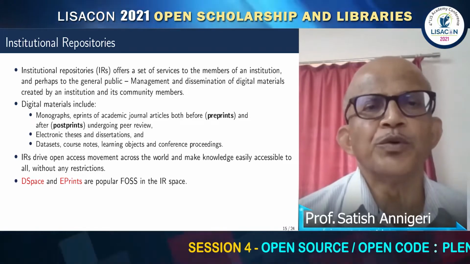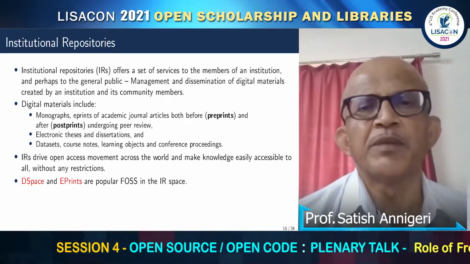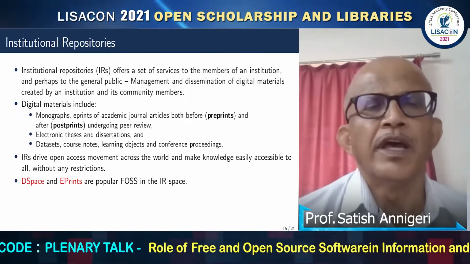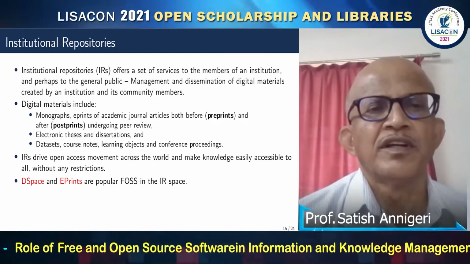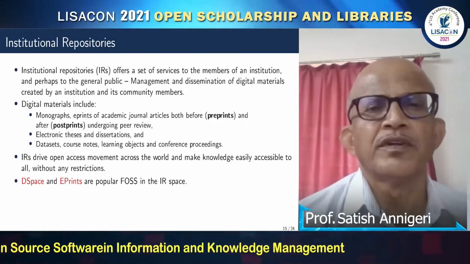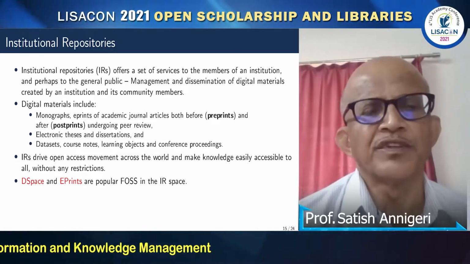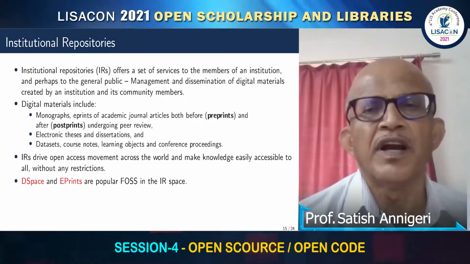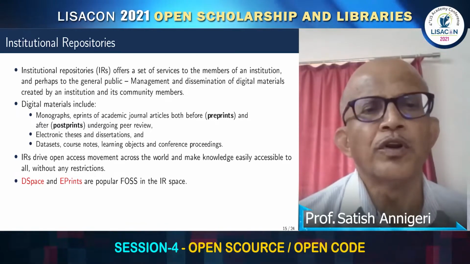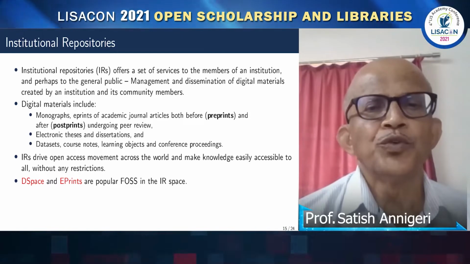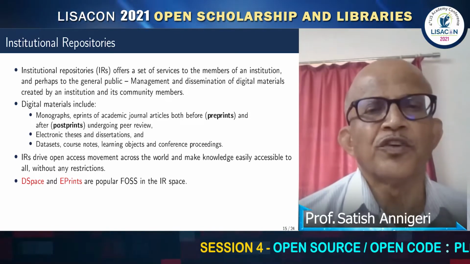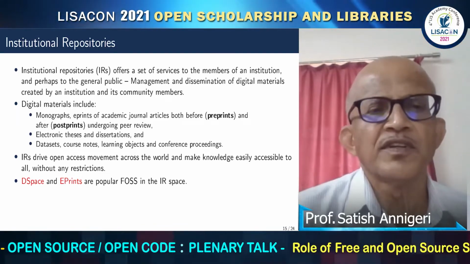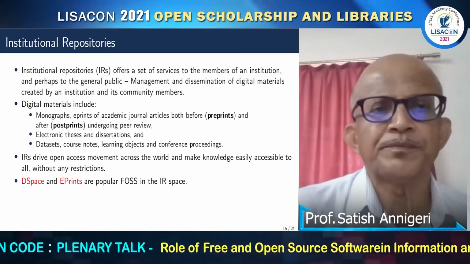Digital materials may include monographs, e-prints of academic journal articles both before and after undergoing peer review, electronic theses and dissertations, datasets, course notes, learning objects, and conference proceedings. IRs drive the open access movement across the world and make knowledge easily accessible to all without any restrictions. The two popular institutional repository software from the free and open source software community are DSpace and EPrints.